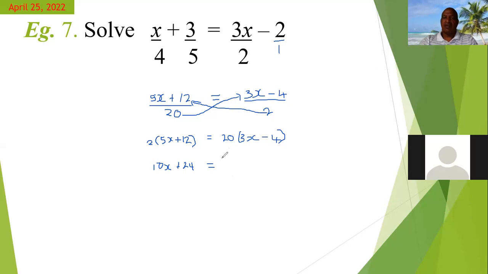Sometimes this thing wants to do its own thing. All right, so we have 60x, and now 20 times negative 4 gives you negative 80.